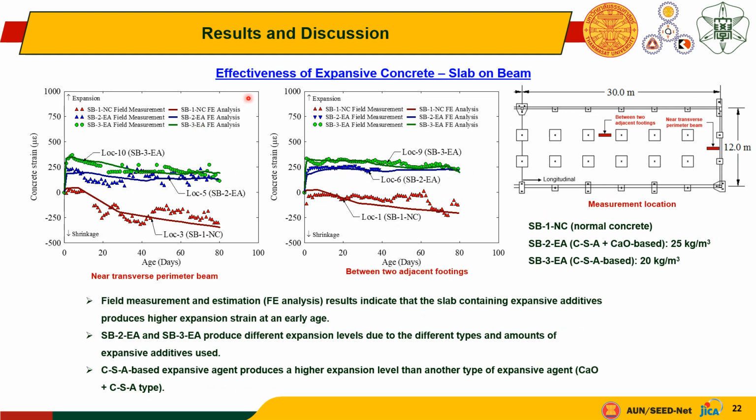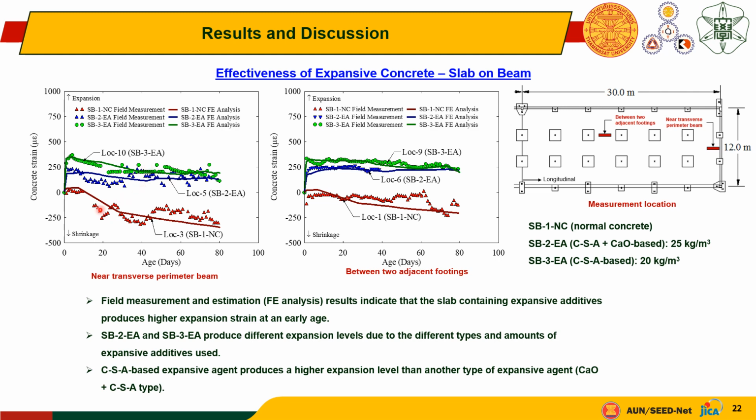And then this is another example of the effectiveness of expansive concrete for slab on beam. We measure at two locations: near the transfer perimeter beam and between two adjacent footings. In this analysis we also have three slabs. The first slab is normal concrete, the red line, and then we have SB2 and SB3, which are expansive concrete, but we use different amounts of EA and also different types of EA.